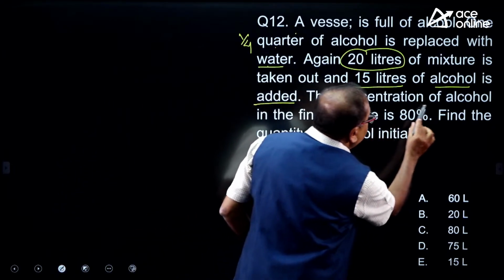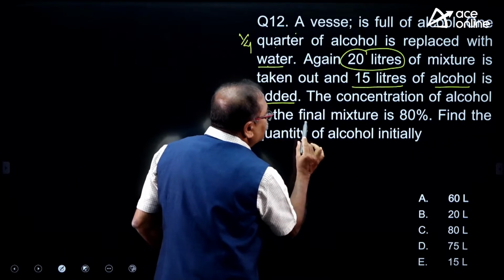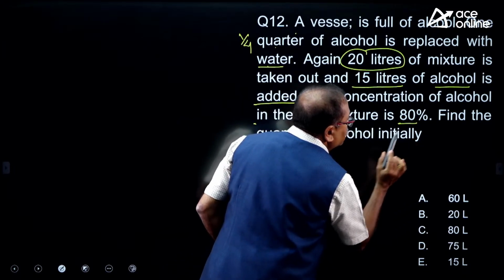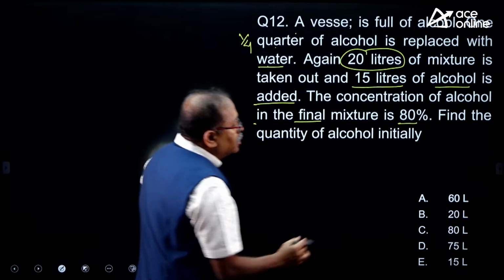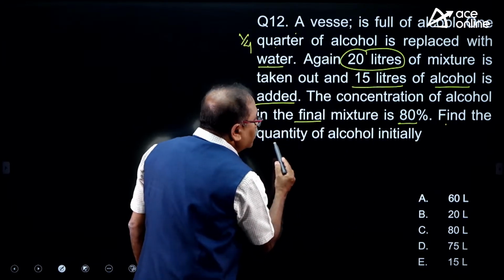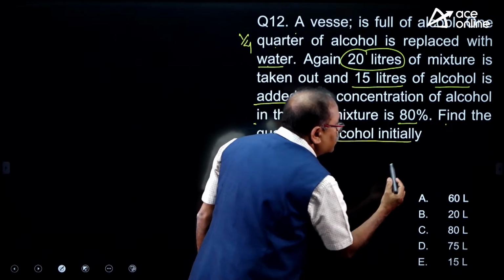Then the concentration of the alcohol in the final mixture is 80%. What is the question? The question is, find the quantity of alcohol initially.